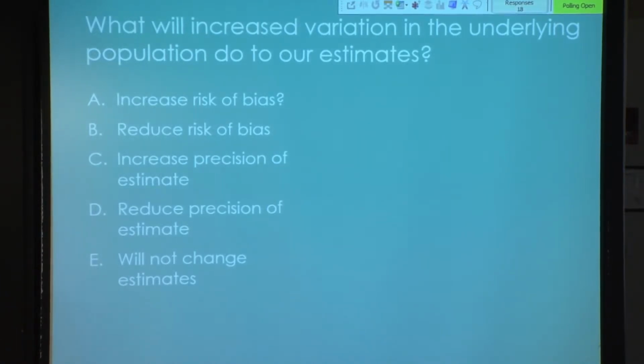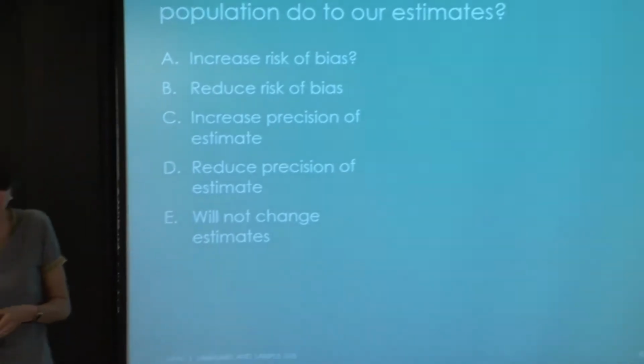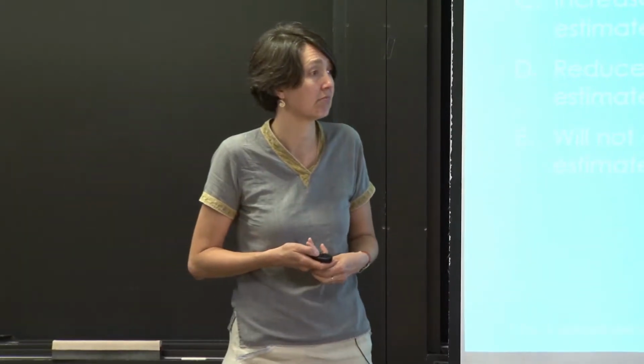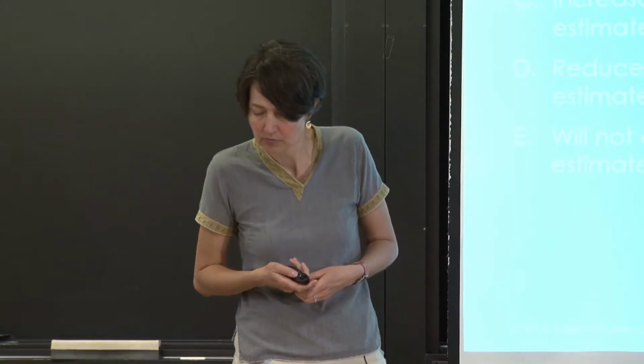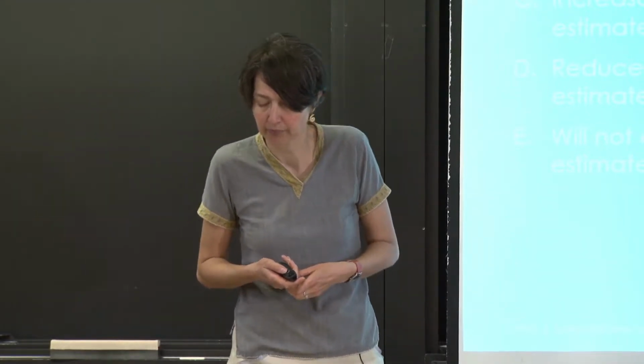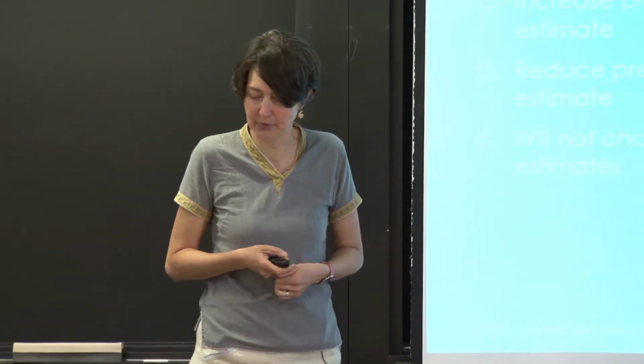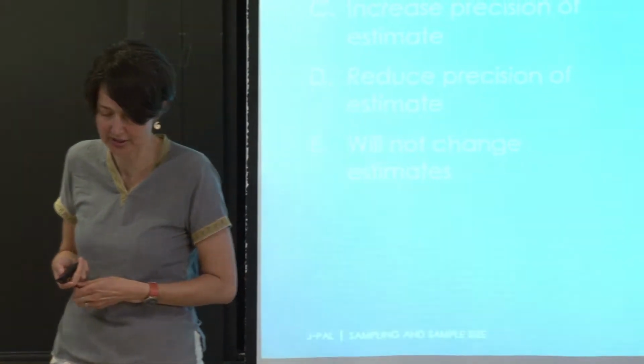Would it increase bias as we have more variation? Would it reduce the risk of bias? Would it increase precision, reduce precision, or won't it have any effect? Okay, you're hitting it out of the park today.